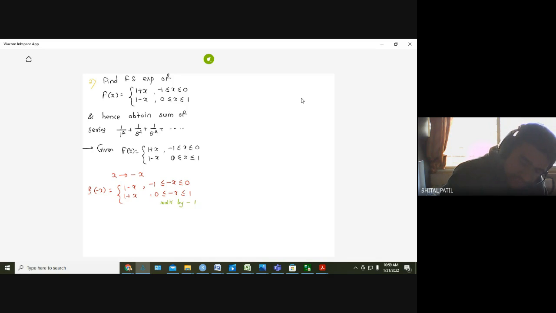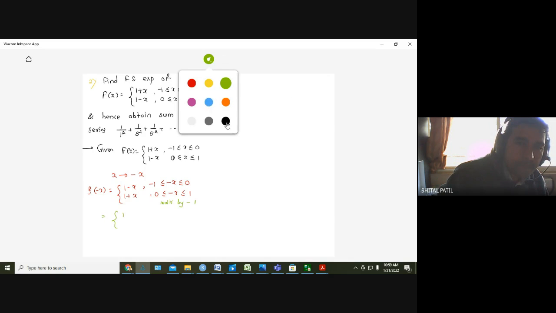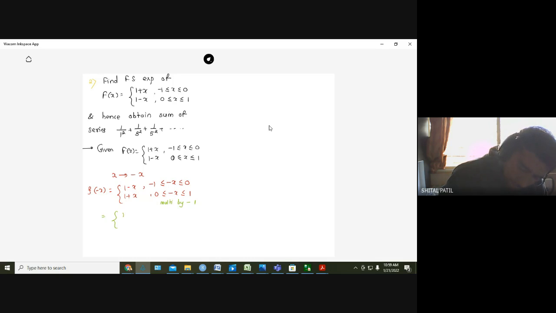Multiply the inequalities by minus 1. The inequalities will change. Sorry, this will become plus, this will become minus.